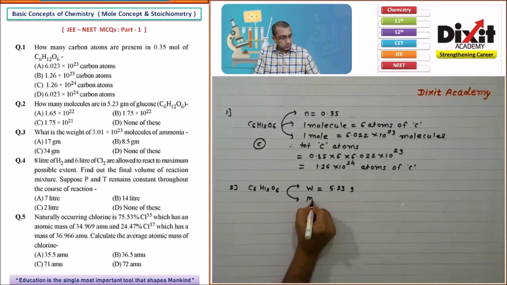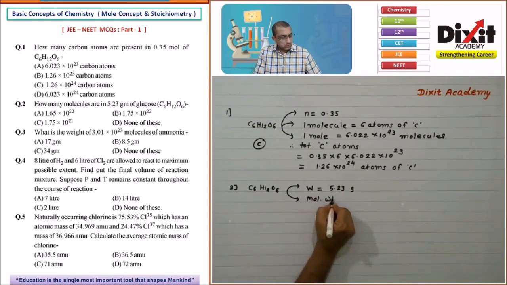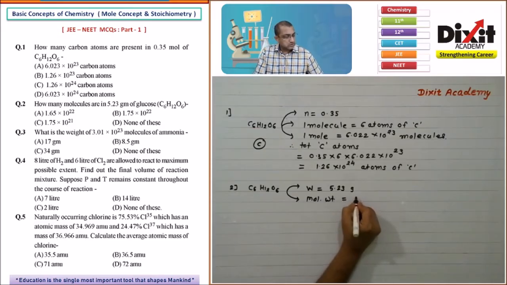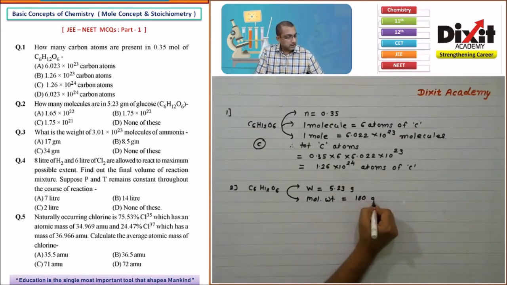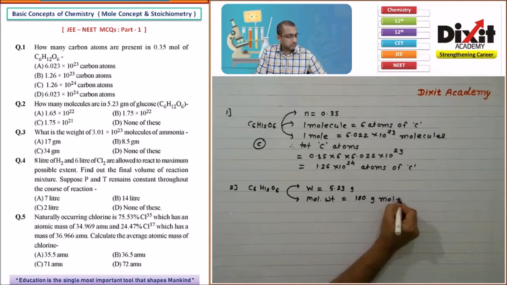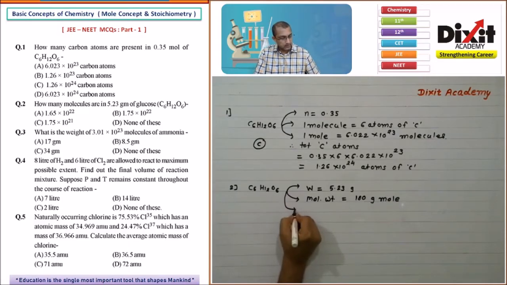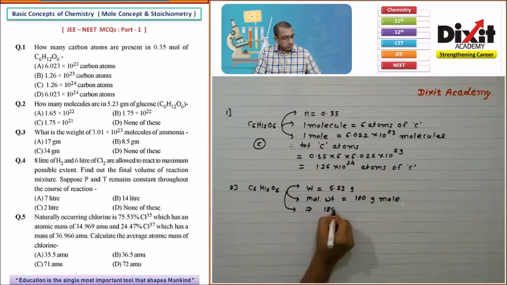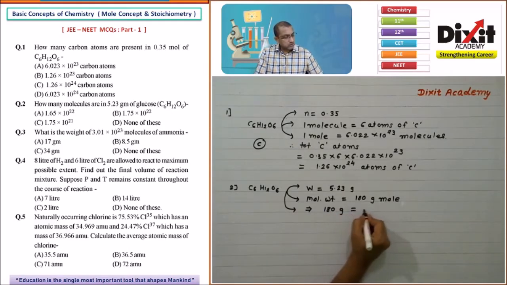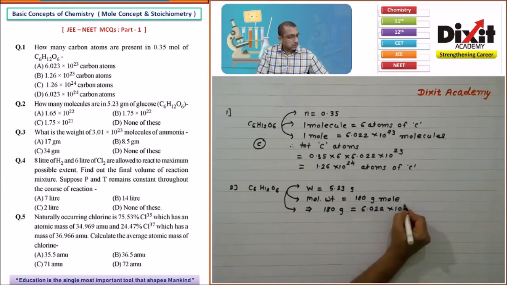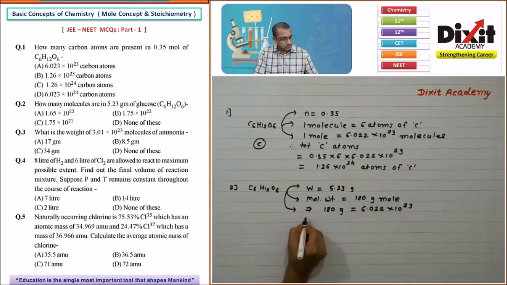We know molecular weight of glucose is 180 gram per mole. This means 180 grams of glucose will contain Avogadro number of molecules, 6.022 into 10 raised to 23 molecules.